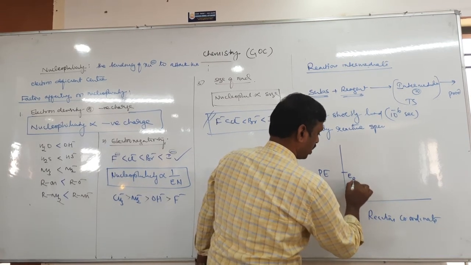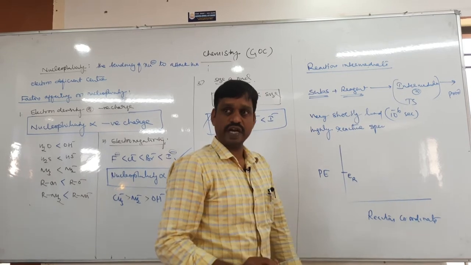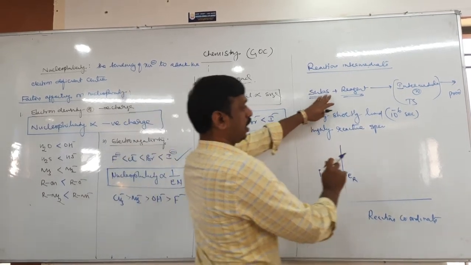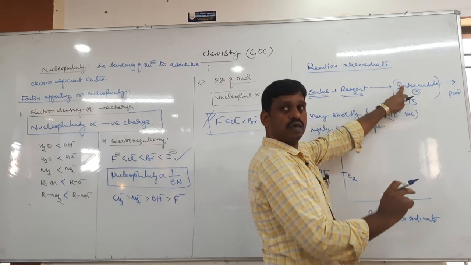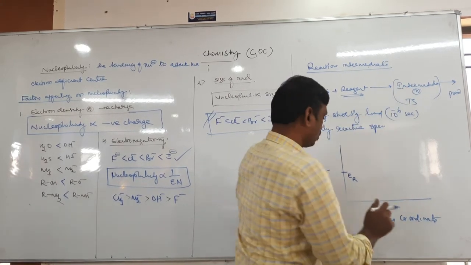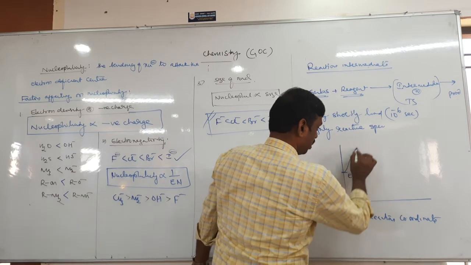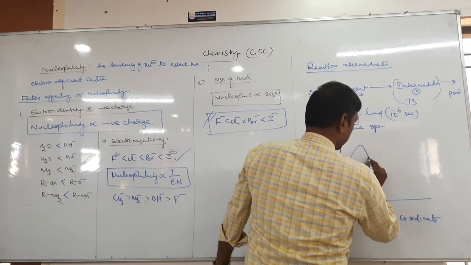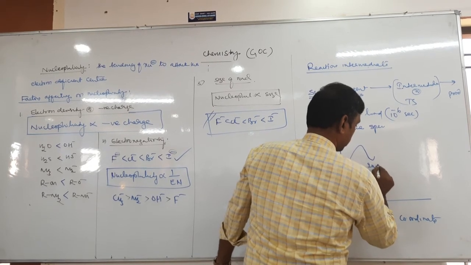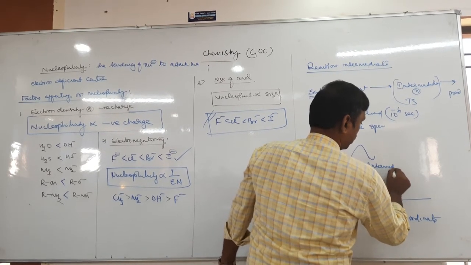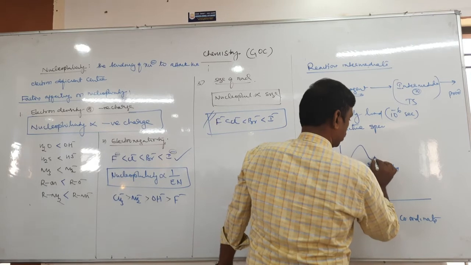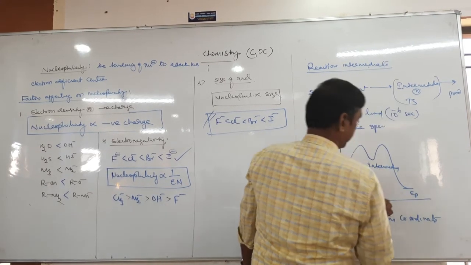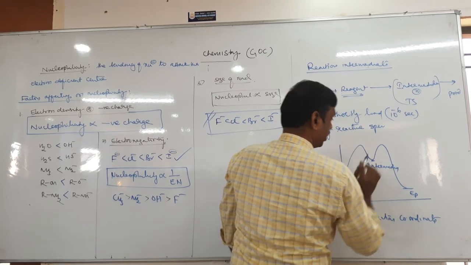Reactant having more energy, ER, energy of the reactant, right? When the reactant converts into product, what is the intermediate, right? So there will be an intermediate here. This is the intermediate, which then finally gives product, EP.